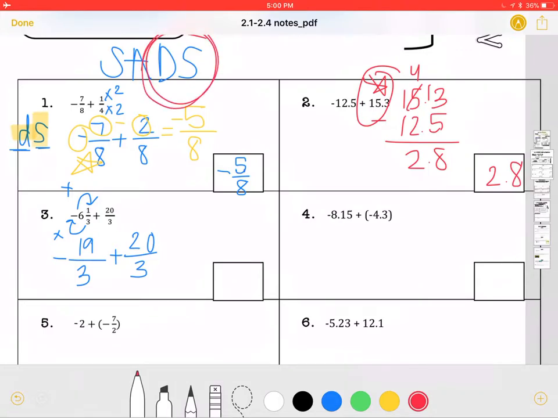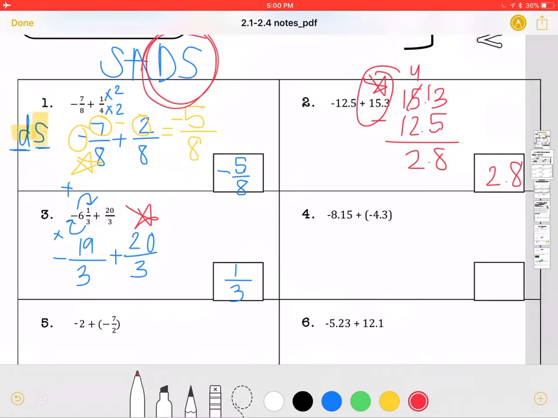What is 20 minus 19? Should be a 1, and we keep our denominator. And now we just have to decide, is it positive or negative? We're always taking the sign of the larger number. 20 over 3 is larger than 19 over 3. It's positive, so our answer should be positive 1/3.